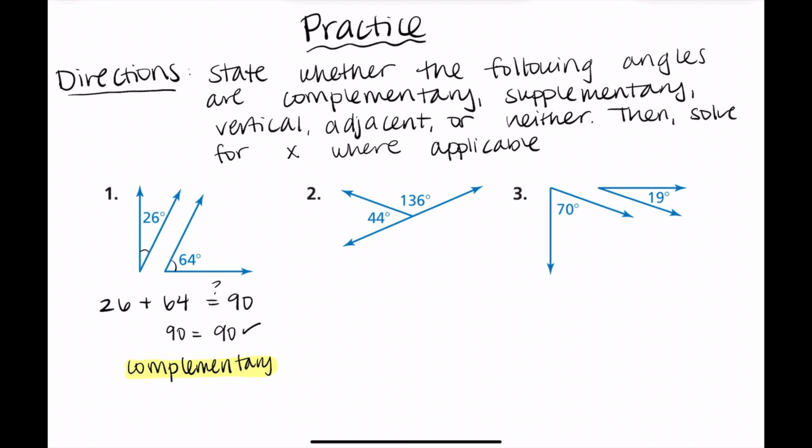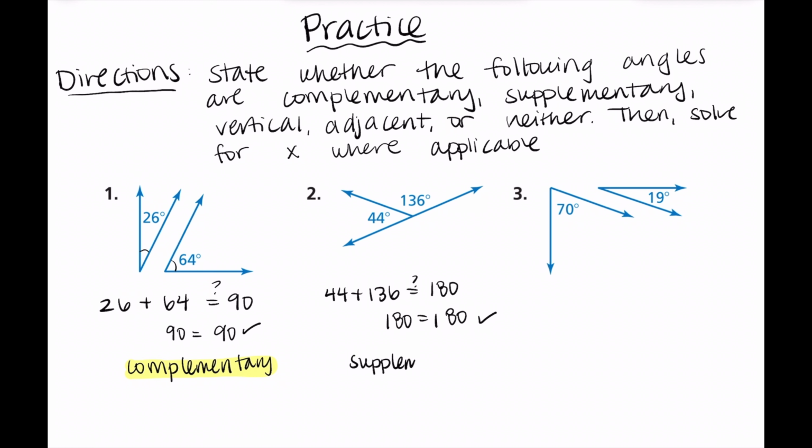Now we'll look at number two. The two angles in number two are 44 degrees and 136 degrees. And those two angles are forming a straight line. So we have to check and see if they are supplementary. The way we do this is 44 plus 136. We have to check and see if that equals 180, which it does.